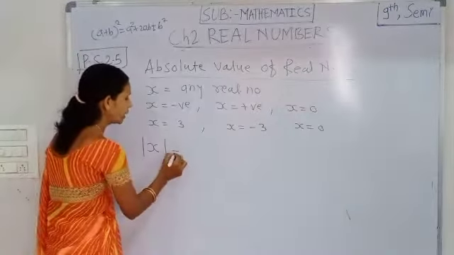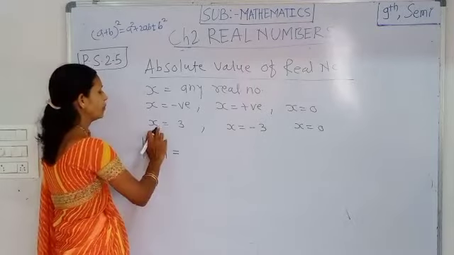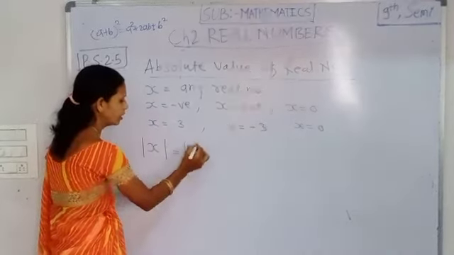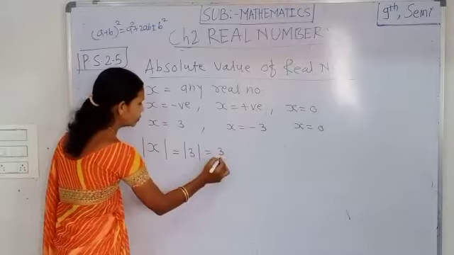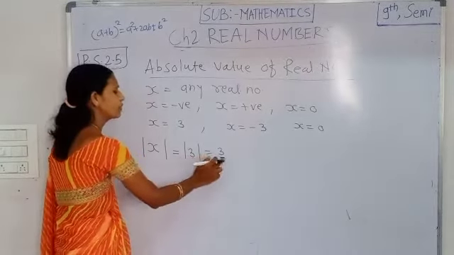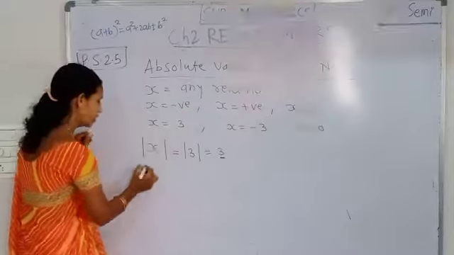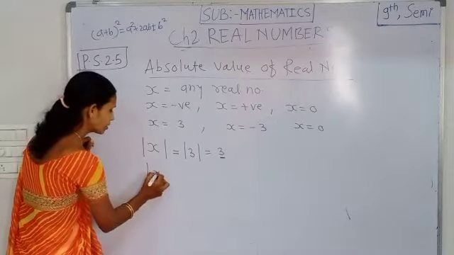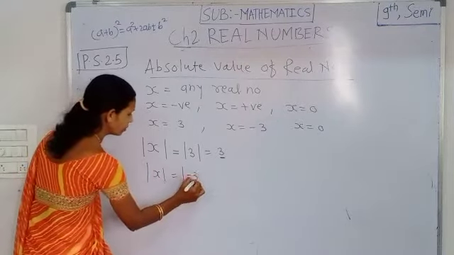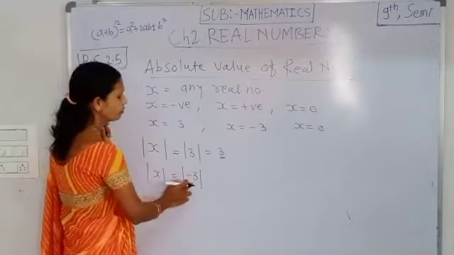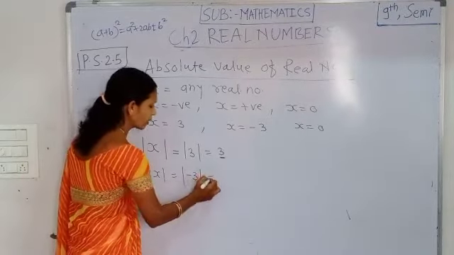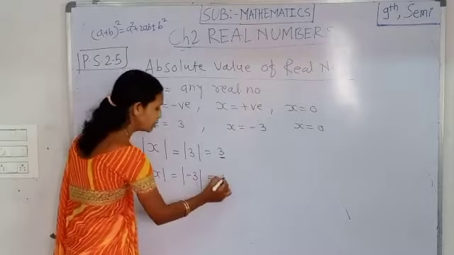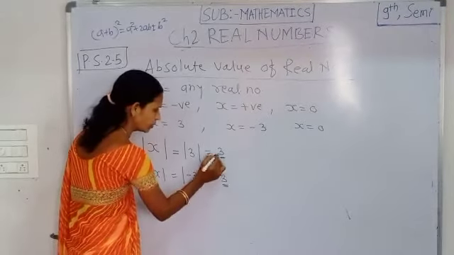Therefore, if x is equal to 3, the absolute value of that positive number is positive, as well as if x is a negative number, that is modulus of minus 3, or absolute value of minus 3, is also 3, a positive number.